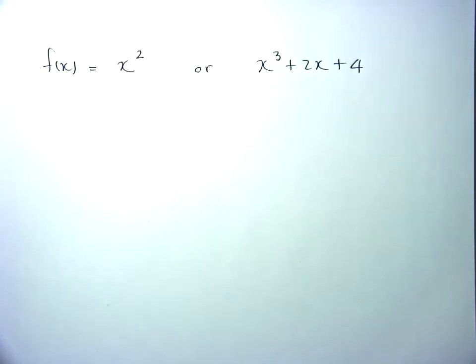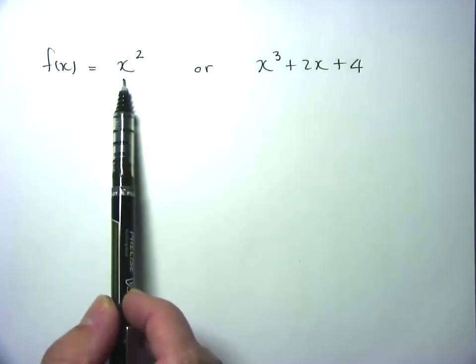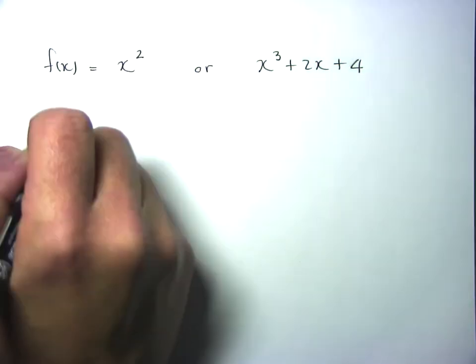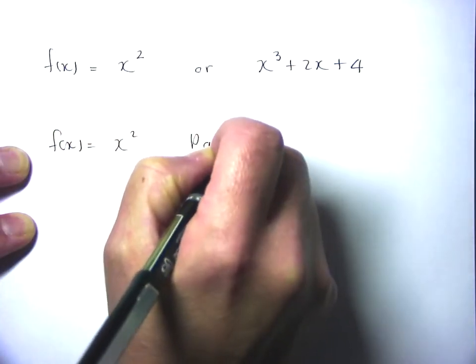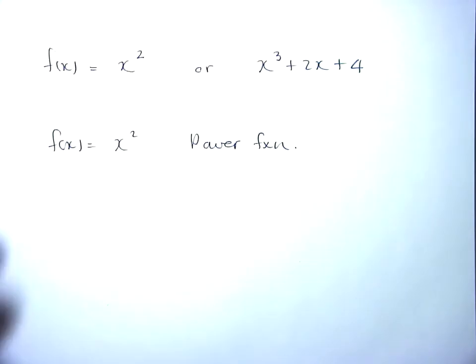Could you come up with one family of functions that we could put all of those into? This is a power function, right? All right, so write it down again. f of x is equal to x squared. This is a power function.